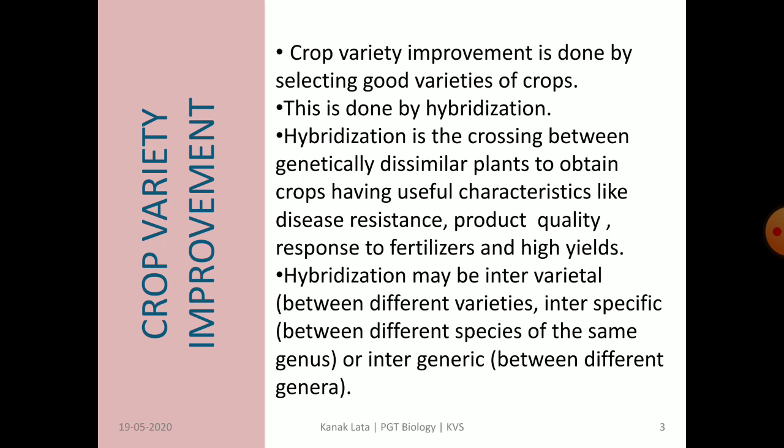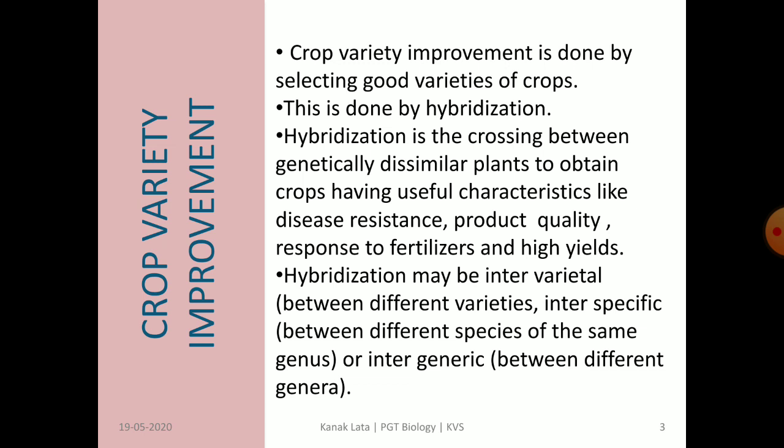In hybridization, there is crossing between two genetically dissimilar plants. As a result of hybridization, we can obtain some useful characters like disease resistance, product quality, response to fertilizer, early flowering and early maturity, as well as high yielding crops.